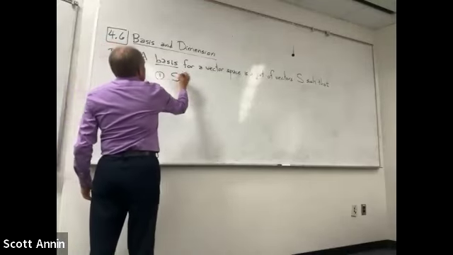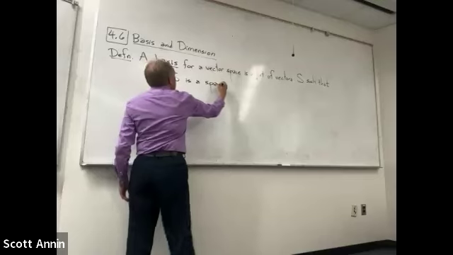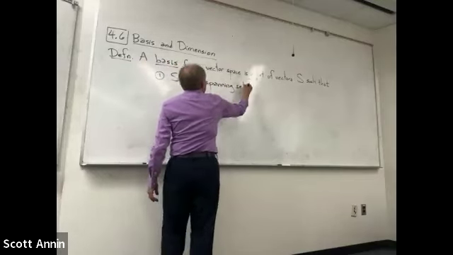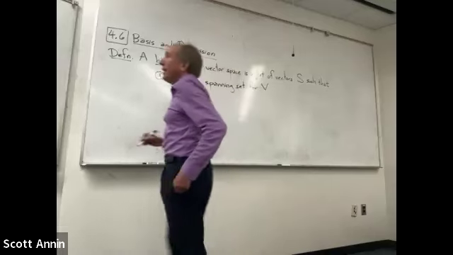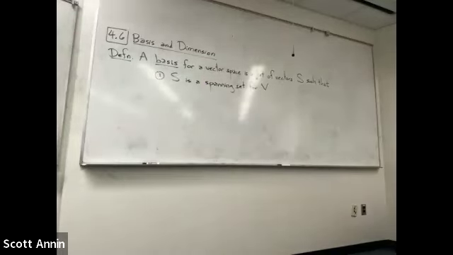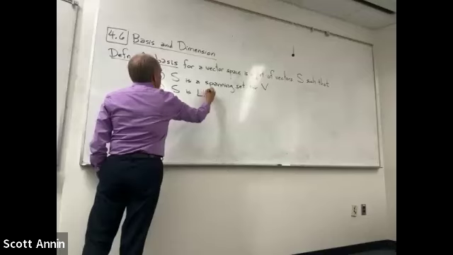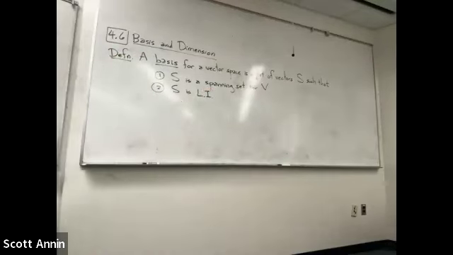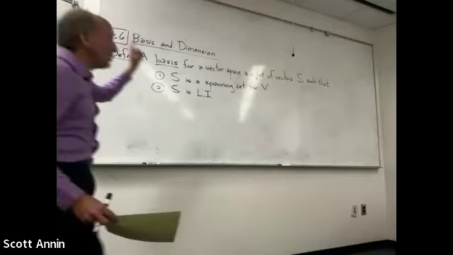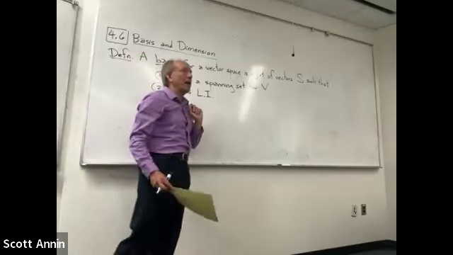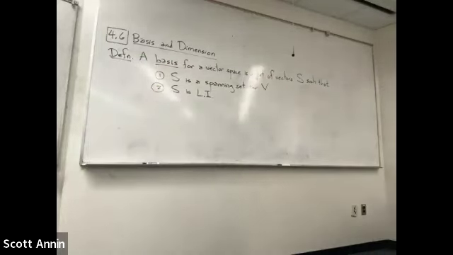First of all, S is a spanning set for V. It does span V. And secondly, S is LI. So a basis is a yes on spanning set and a yes on LI. That is a basis. It's the best possible outcome. You spanned your vector space and you did it as cheap as you could have gotten away with, right? That's like the ideal outcome.